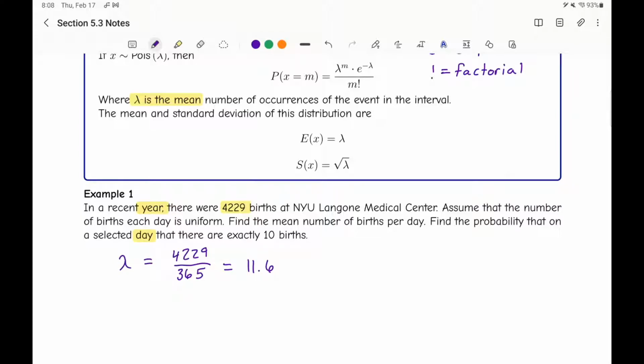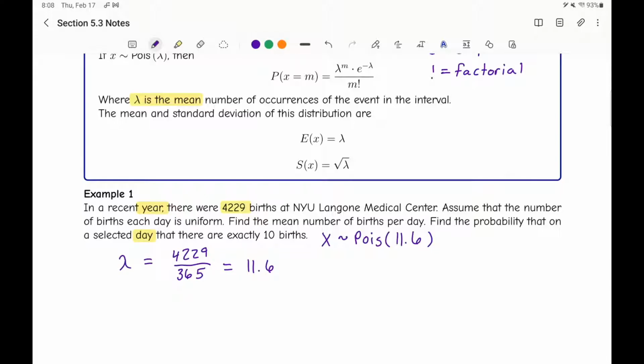Then to find the probability, that tells us that X is Poisson 11.6. The reason why it's Poisson is that we have an interval of time, and it told us it's uniform.